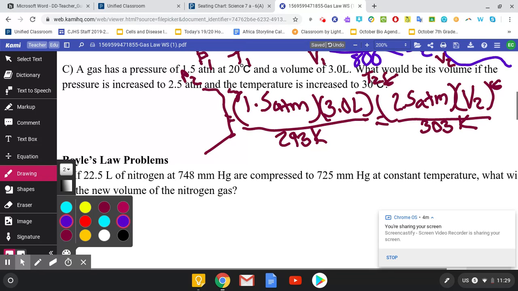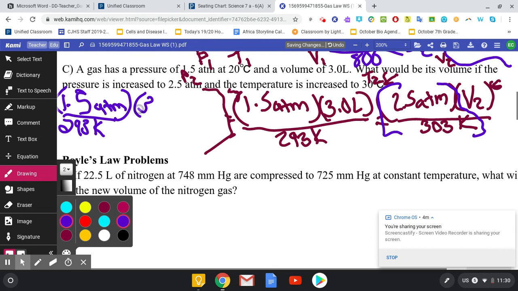So if I take 1.5 atm, there are a couple of different ways to solve this algebraically. One of the ways is, to get V2 by itself, you're going to flip this part, which means that you're going to keep the left side the same, 1.5 atm over 293 K times 3.0 liters.